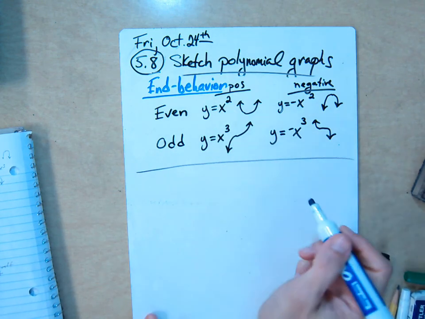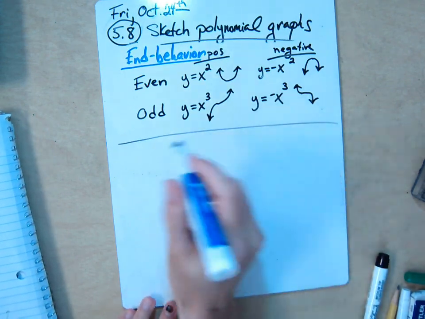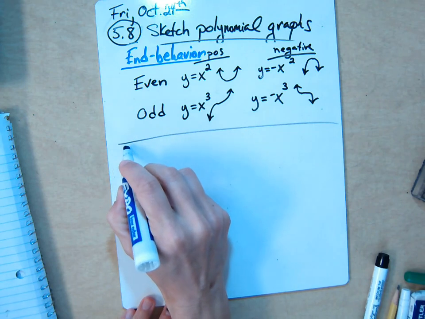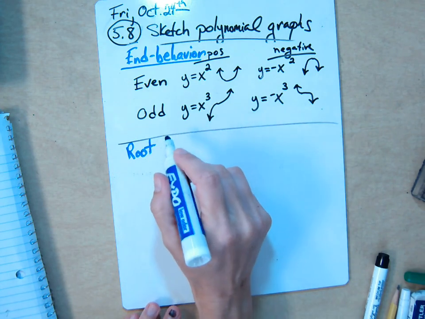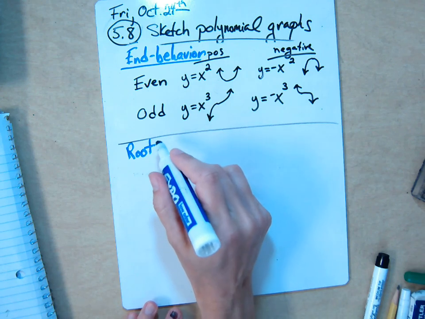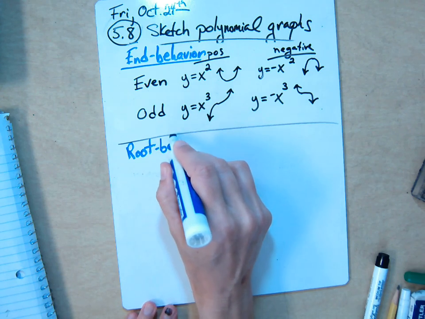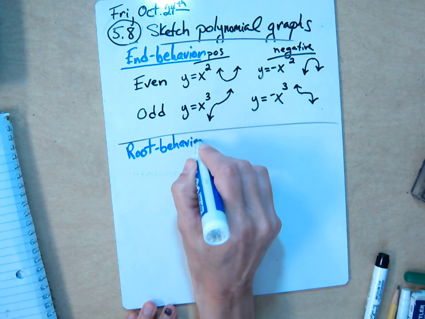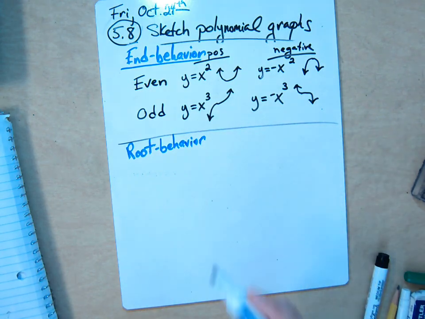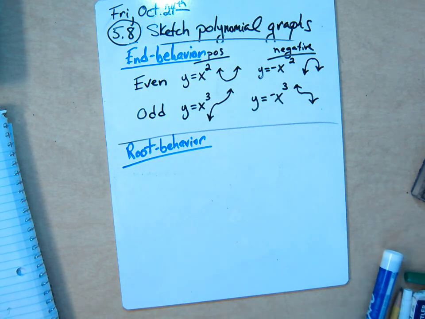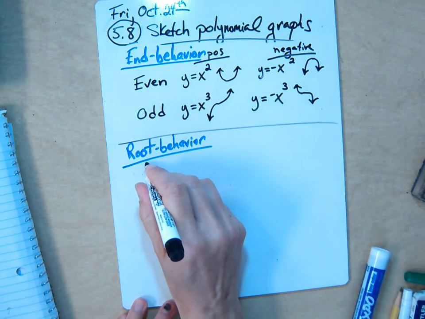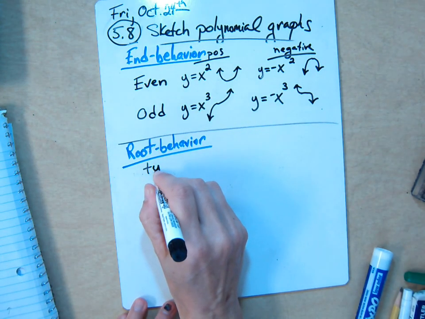And then the new thing that we looked at yesterday was the root behavior, depending on the exponent of the factor. So the root behavior, and we'll make a table for that. So there's the type of root, there's the degree, and then what it graphically looks like.